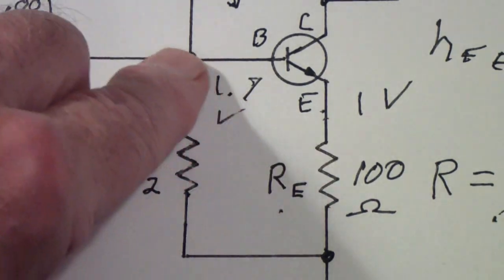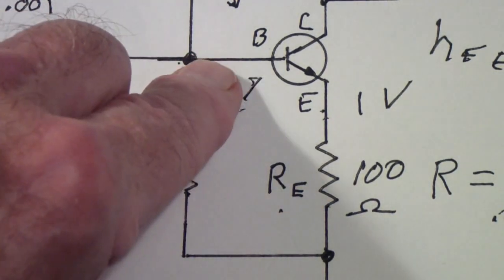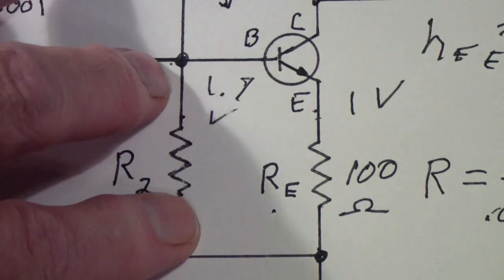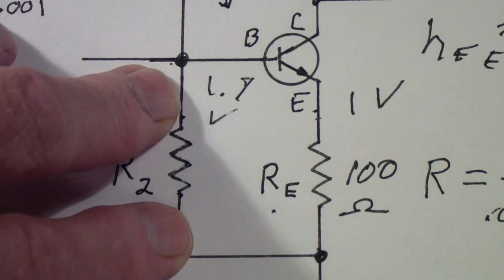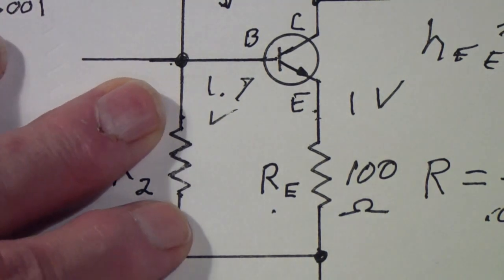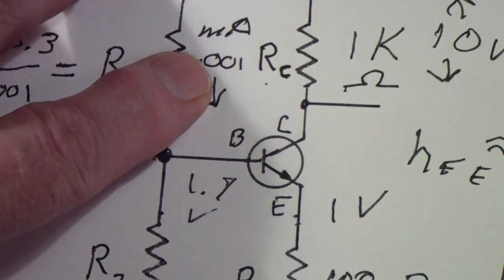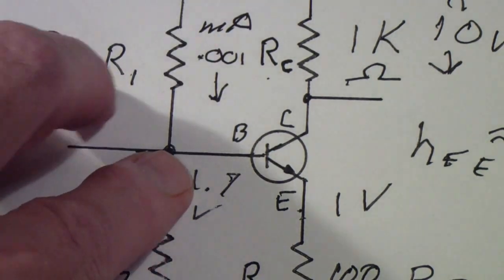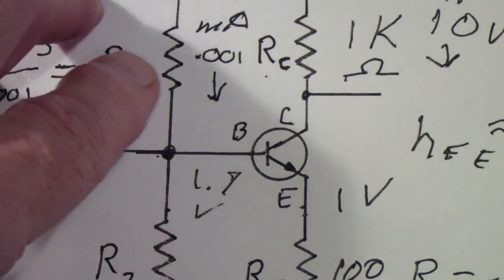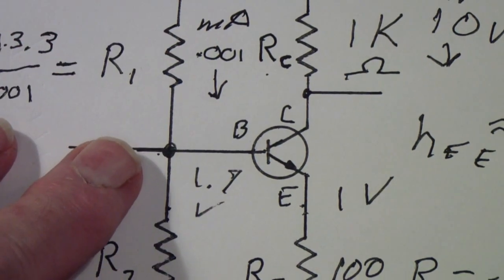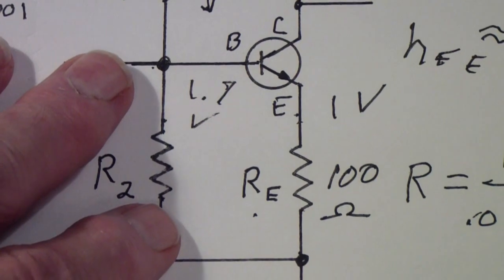We're now going to try to determine, if there's 1.7 volts here and 0 volts down here, what is the approximate current flowing through this resistor? Well, for our purposes, we're just going to use this same 0.001. In other words, we're going to assume that no current flows into the base. Everything that flows down here flows straight through here. We know that's not quite right, but it's close enough for us.